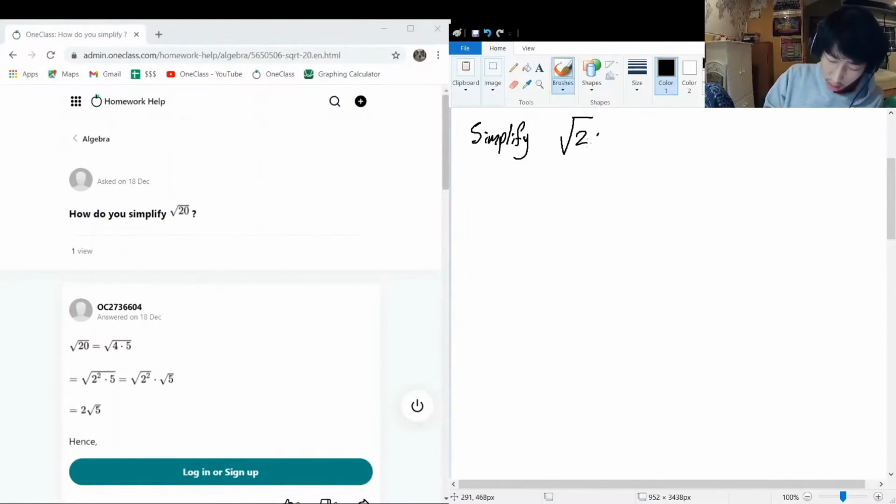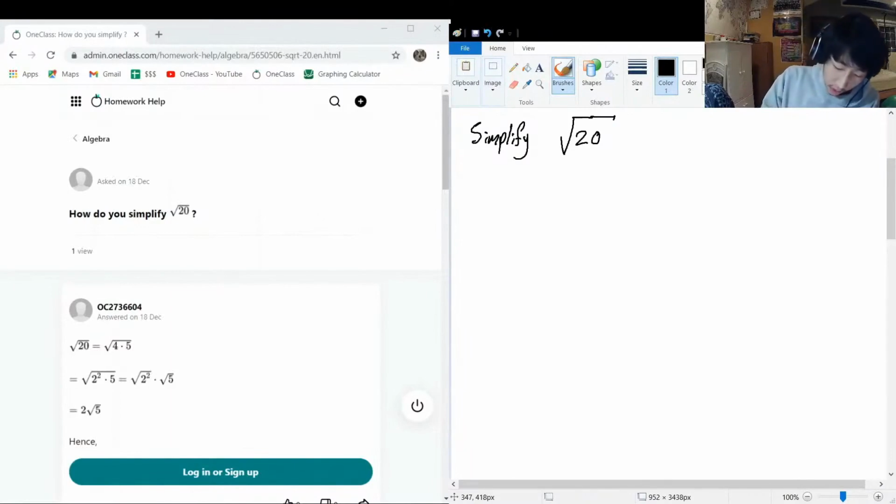Root 20. Okay, now let me tell you about this rule for simplifying things that are under the square root.